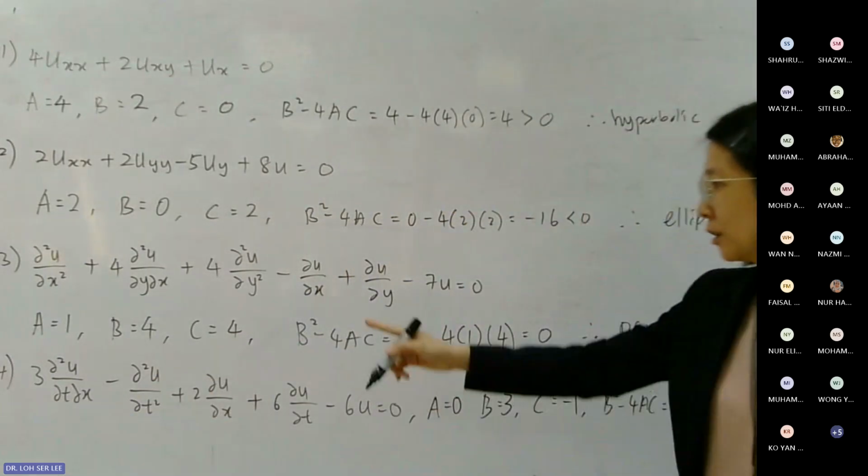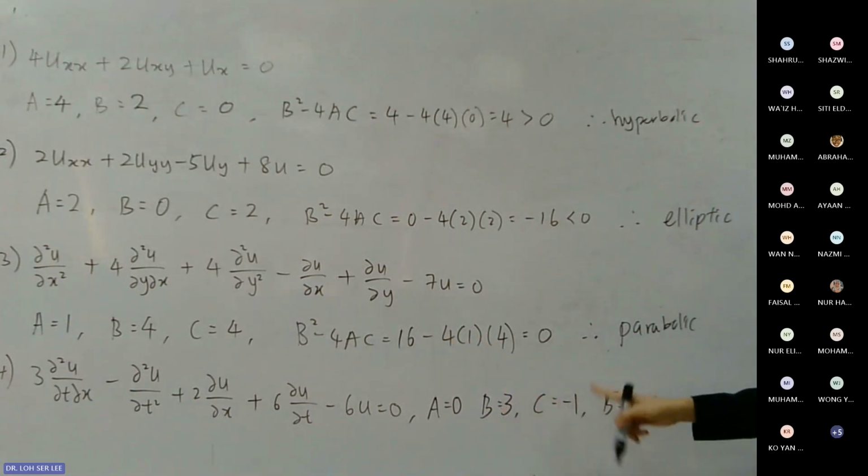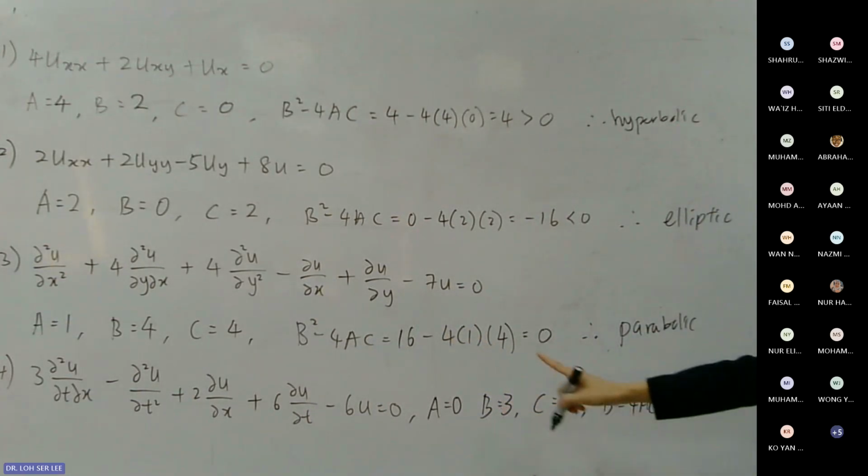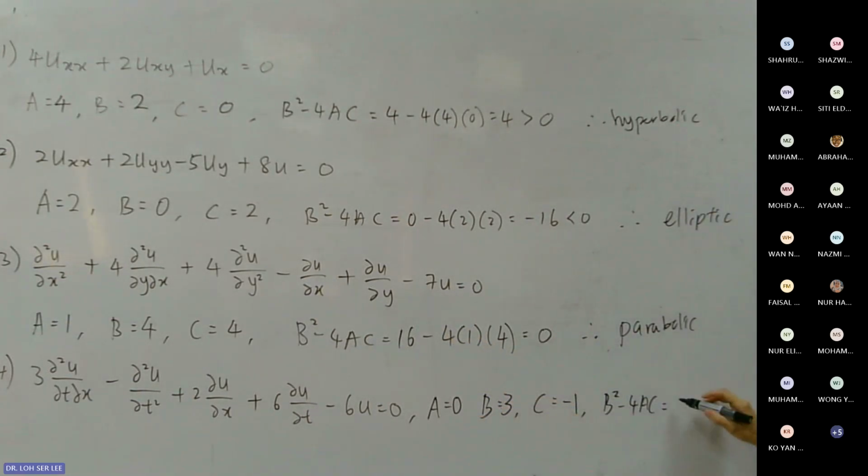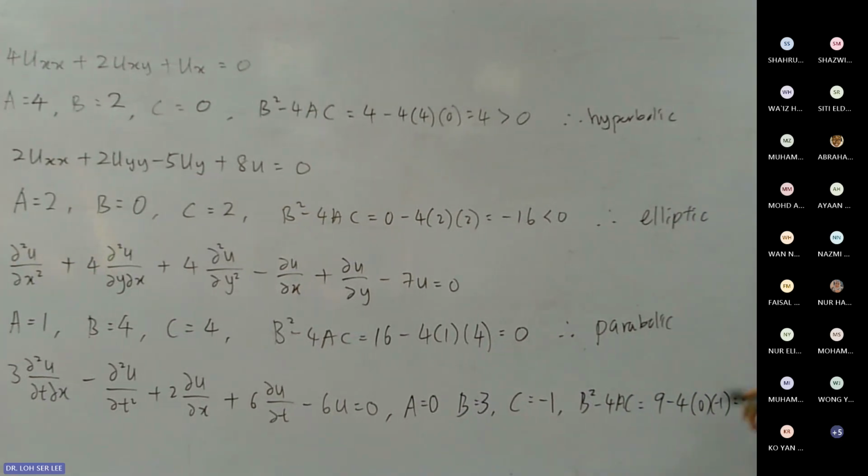So one is 0, another one is negative 1. Then B squared minus 4AC, 9 minus 4AC, that means 9, greater than 0. Greater than 0 means hyperbolic. The last one is hyperbolic.